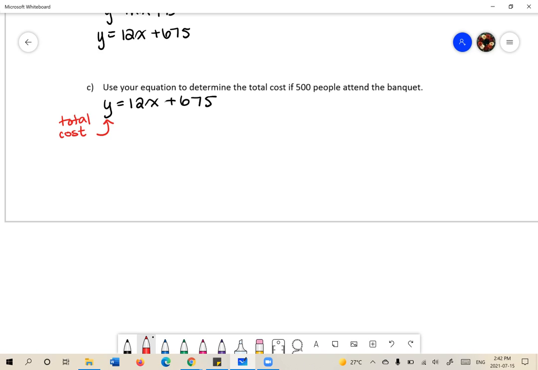Your x is how many people are coming to your banquet. We are multiplying the number of guests by the cost per guest, 12 times x. $12 per person times how many people.